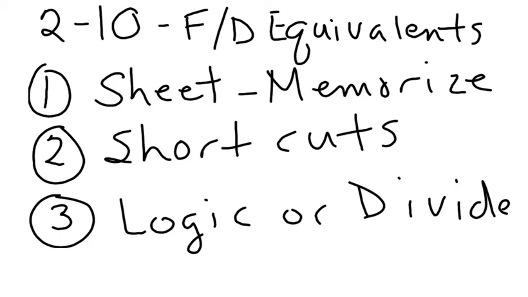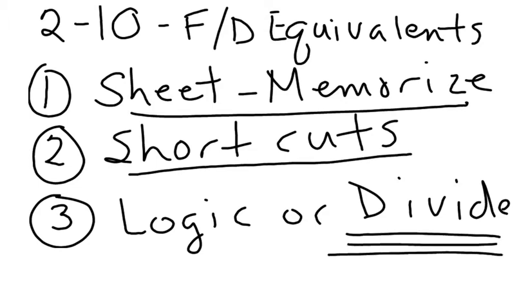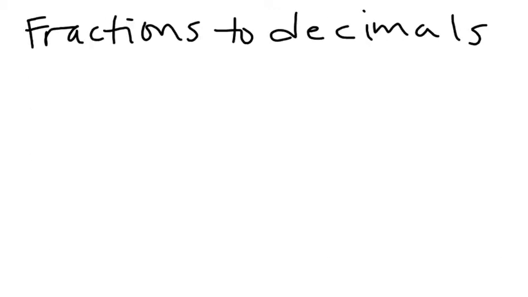Now, I like to memorize the sheet, because then I can just go, 1/8 is 0.125. I know that one. And then if there's one that's not on the sheet, I'm looking for a shortcut. This is the last part. The logic thing is not so hard, but dividing is not always the funnest thing. So let me show you how this works.